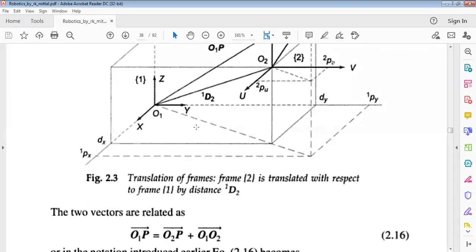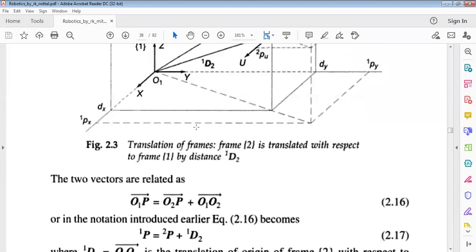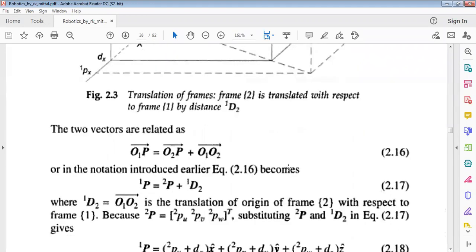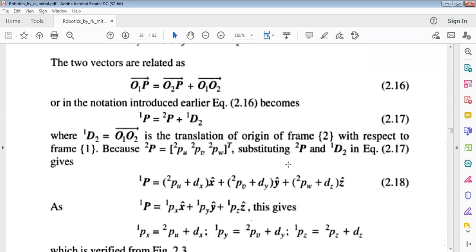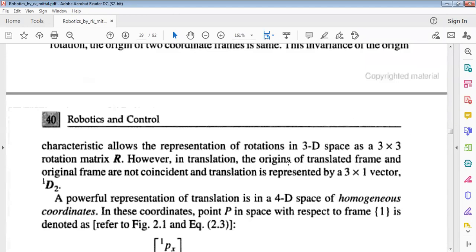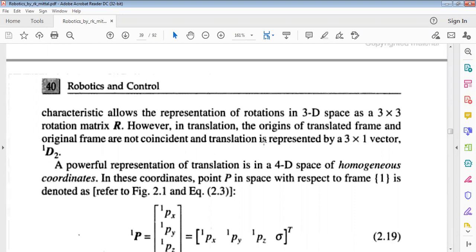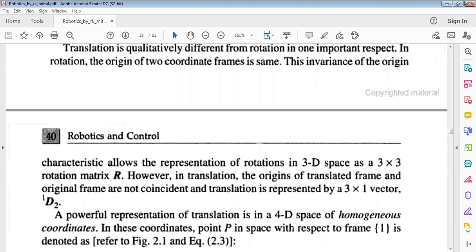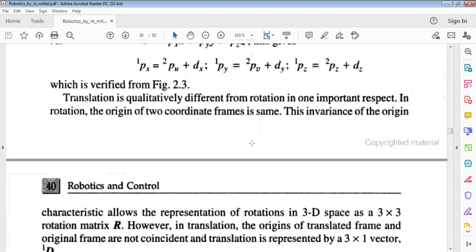Homogeneous coordinates are 4. Before that, let us read this sentence.